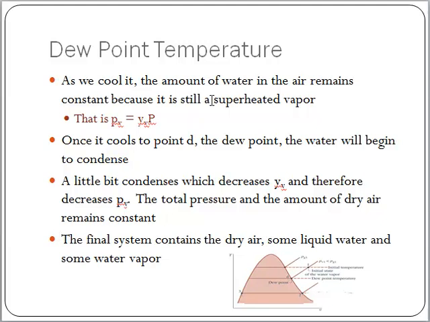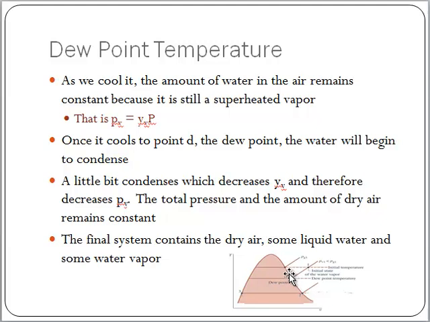The amount of water in the air is going to stay there because it's still superheated vapor until I reach saturation. So the partial pressure, being mole fraction times total pressure, will remain the same.